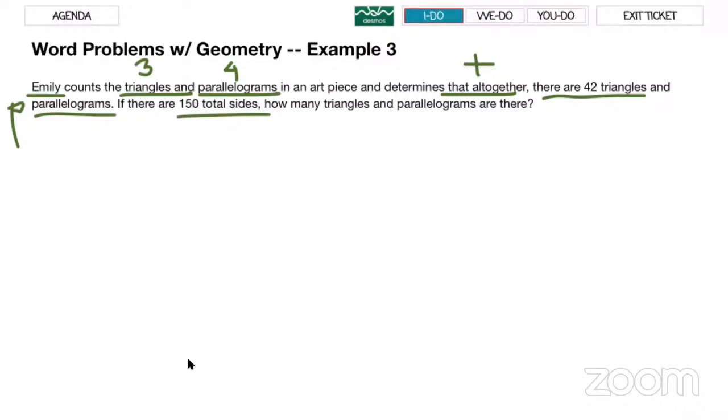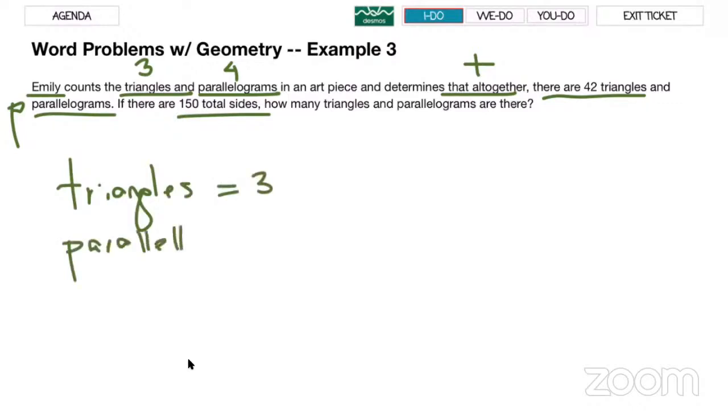So triangles have 3 sides and parallelograms have 4 sides. Okay, I listed my details to see everything clearly. And all together, because I'm confused again.